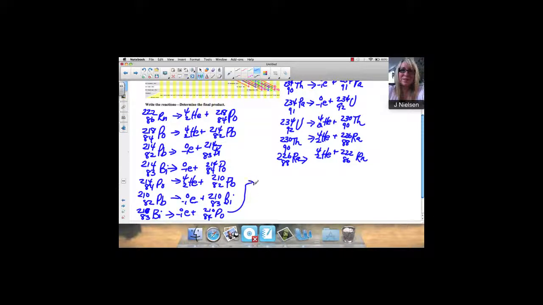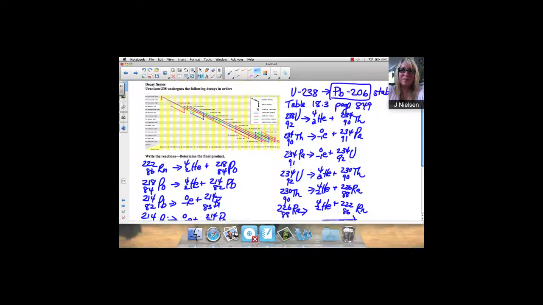And the last one, that's the one that undergoes alpha decay and produces 206, 82 Pb. And this is stable, which is what we said up here at the top.